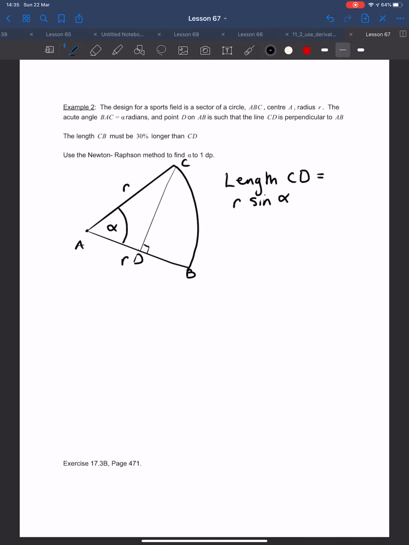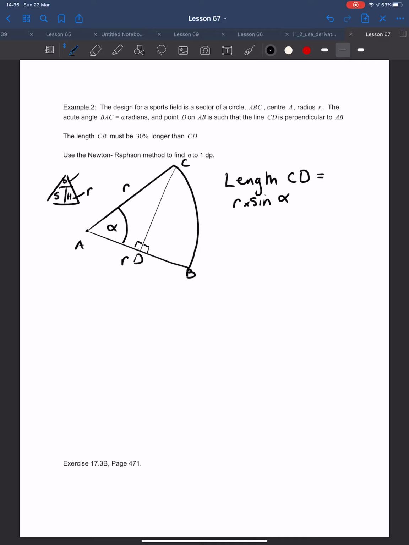And so if we've got the opposite, and that's a right angle there, and the hypotenuse is R, so opposite is hypotenuse times sine of the angle, which is sine alpha.